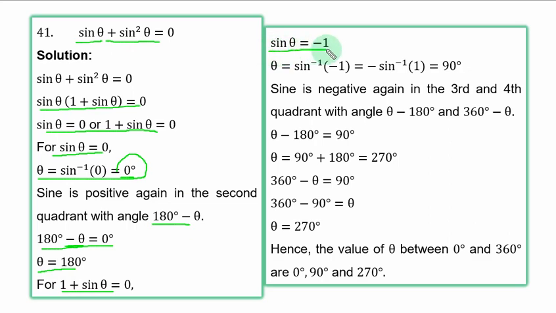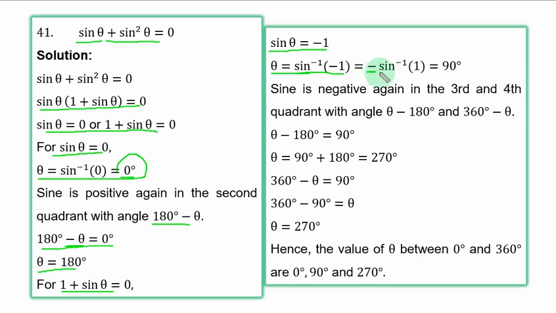For the second factor, you simply transfer 1 to the right hand side, it becomes negative. To get theta, you take the inverse of sine of both sides. This minus 1 is not for you to check the inverse of minus 1. It simply means that sine is negative. So you check the quadrant where sine is negative. Hence, the minus sign is written outside.